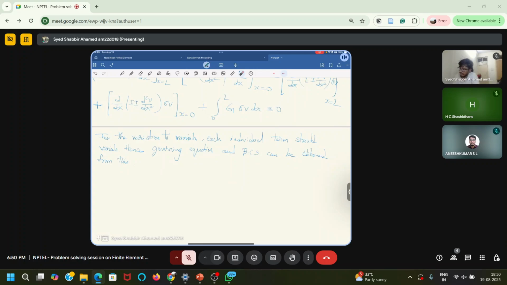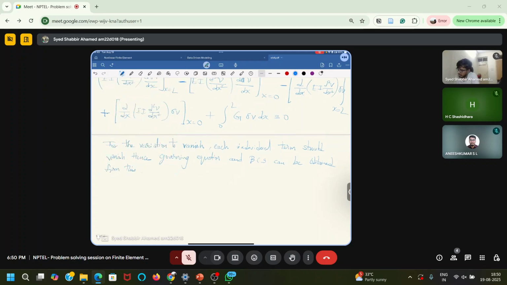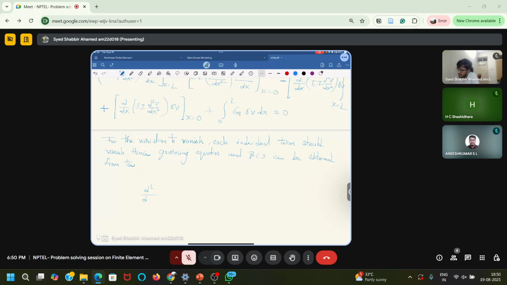Now g is d²/dx² of EI d²v/dx² minus q(1 minus x/L) equals 0. So this is my governing equation of the beam.